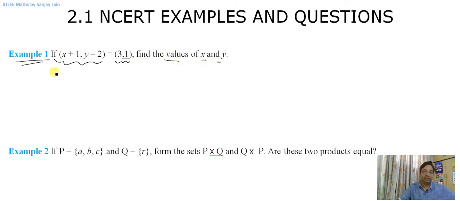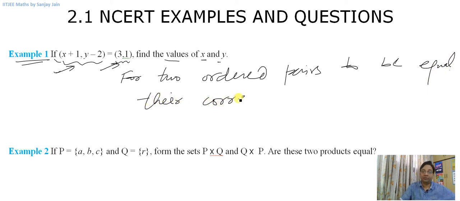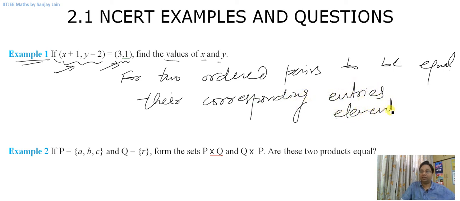Now for two ordered pairs to be equal, their corresponding entries should be equal. Entries or elements, or you can say coordinates if they are real numbers, right? Their corresponding entries should be equal.